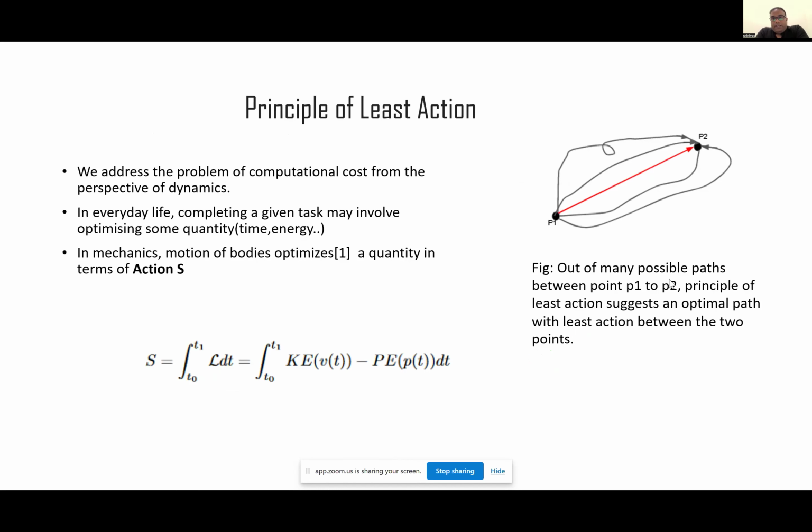So we looked into the principle of least action, which is common in mechanics or dynamics. What it says is, let's consider two points, P1 and P2, and an object at P1 wants to move to position P2.